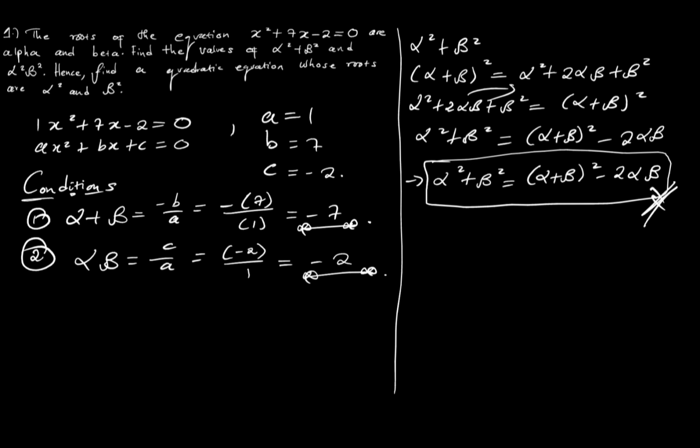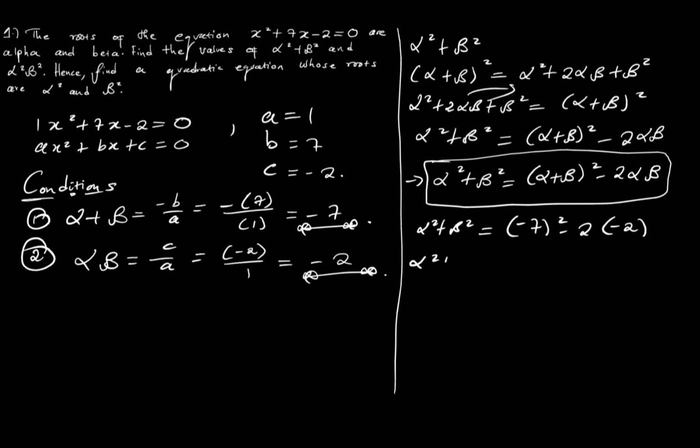Anyway, that is how we get alpha squared plus beta squared. So we need to find alpha squared plus beta squared, which is what we're doing now. Alpha squared plus beta squared is equal to alpha plus beta, which we computed as minus 7, squared, minus 2 times the product, which is minus 2.